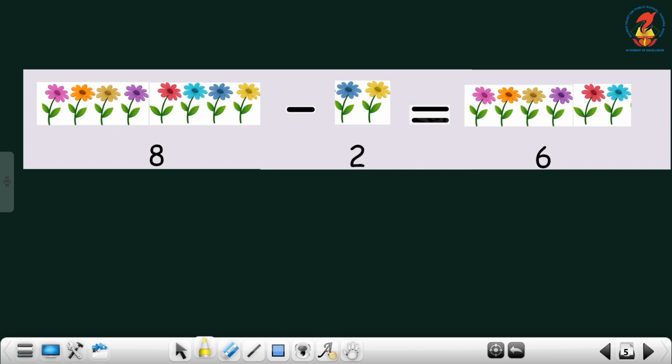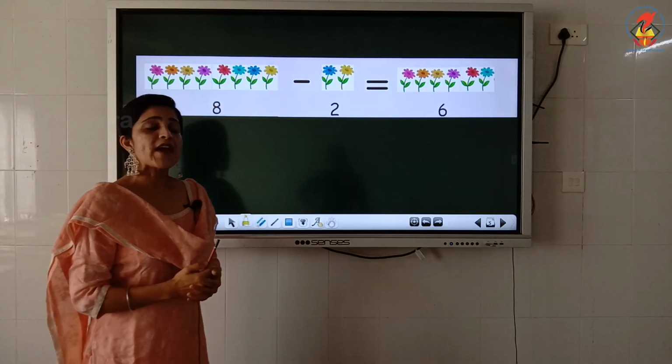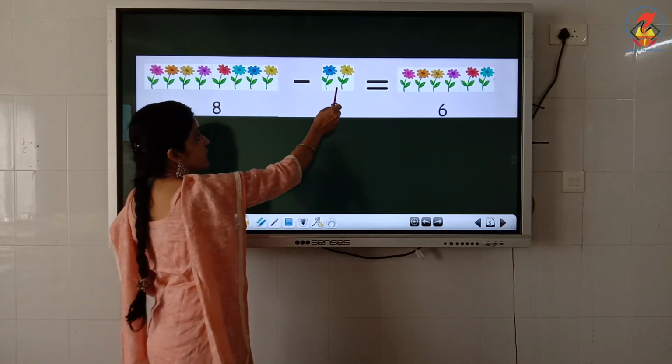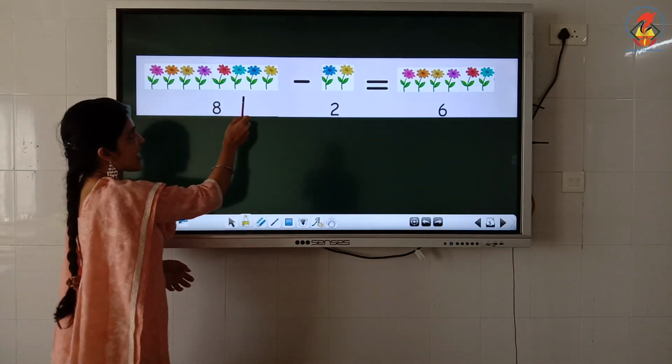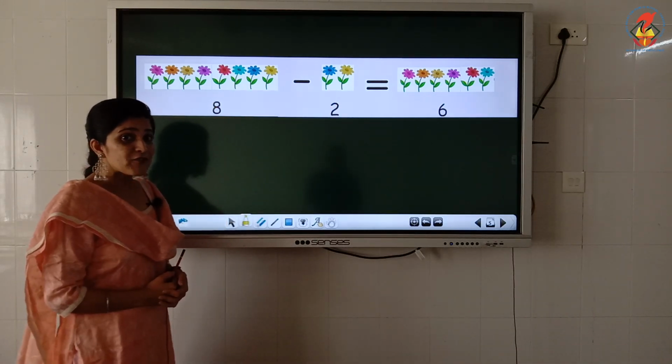In the first set, we have 1, 2, 3, 4, 5, 6, 7, 8 flowers. In the second set, we have 1, 2 flowers. So, when we take away the second set of 2 flowers from the first set, how many will we get?